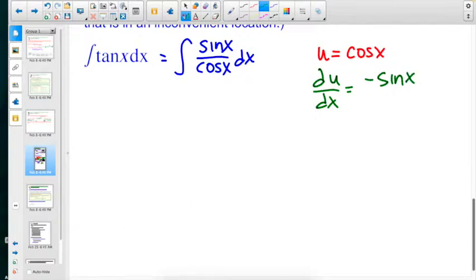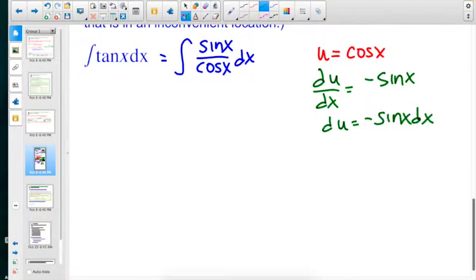Okay. So if I rewrite this, in other words, if I take this expression and put the dx over with the x variable, I get something that looks like what? Yeah, du equals negative sine x dx, right?